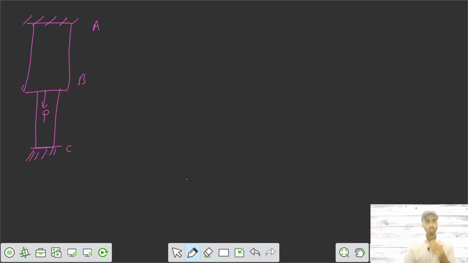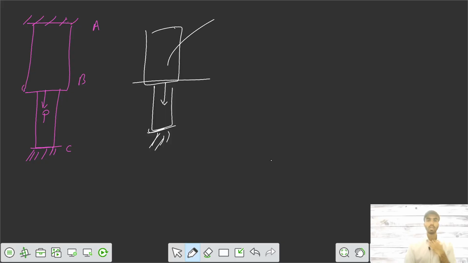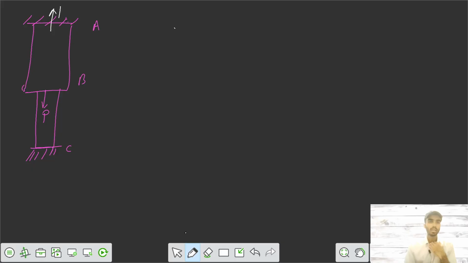Earlier we were solving questions like this, where if force P is here, I can cut the section and get the value of each part. But here, I will show what the free body looks like. Let's say the reaction at A is RA upwards, and here is also reaction RC upwards.